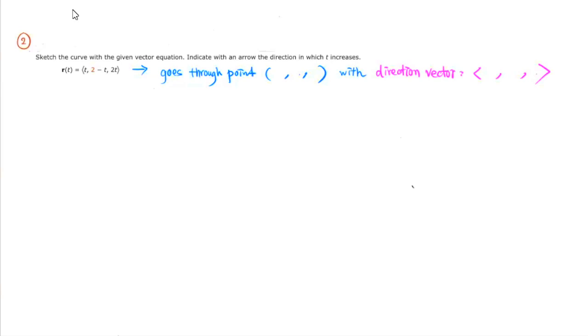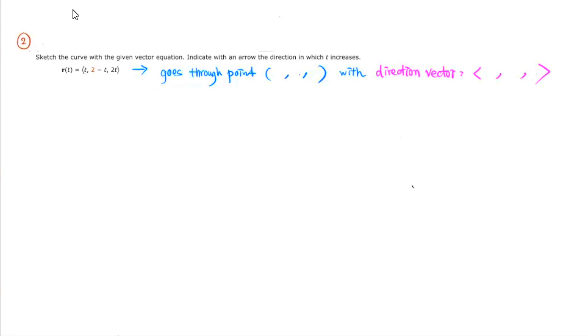This is for the line that passes through this r naught and has this direction vector v. So this one kind of reminds you of that.